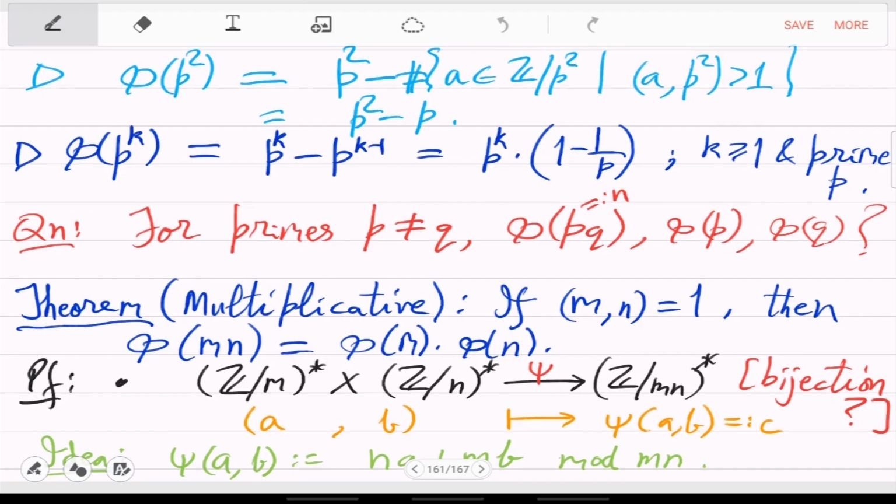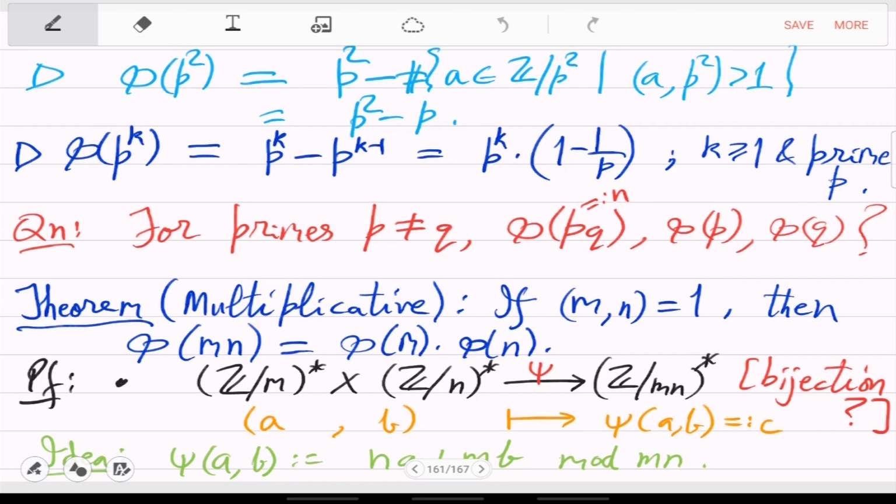So instead of p square, if you had p times q, where p and q are different primes, then you could say pq minus numbers which share a factor with pq, which will again be in two ways. Either it shares p or it shares q. So that will be the first step of inclusion exclusion.